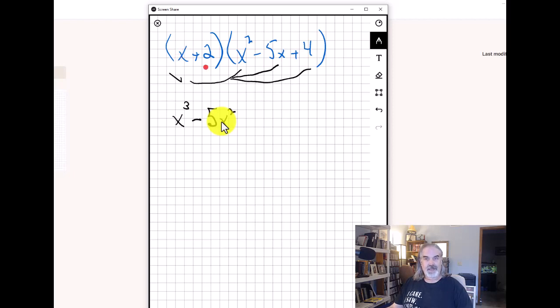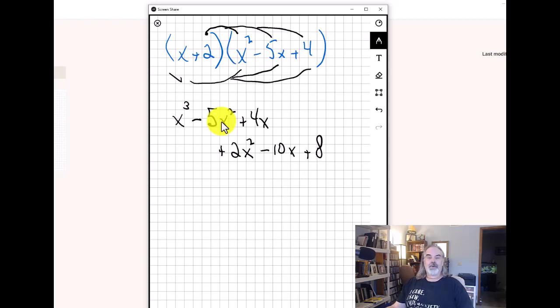Then this x times this 4 gives me a plus 4x. Now I'm going to grab this 2 and multiply it by the x squared, the minus 5x, and the 4. So here come 3 more terms. I'm going to hit return and put them on a new line, but it's still all the same expression. There's a plus 2x squared from the first one. Now this 2 times the negative 5x will be a negative 10x. And this 2 times this 4, even on a bad day, I know that's 8.